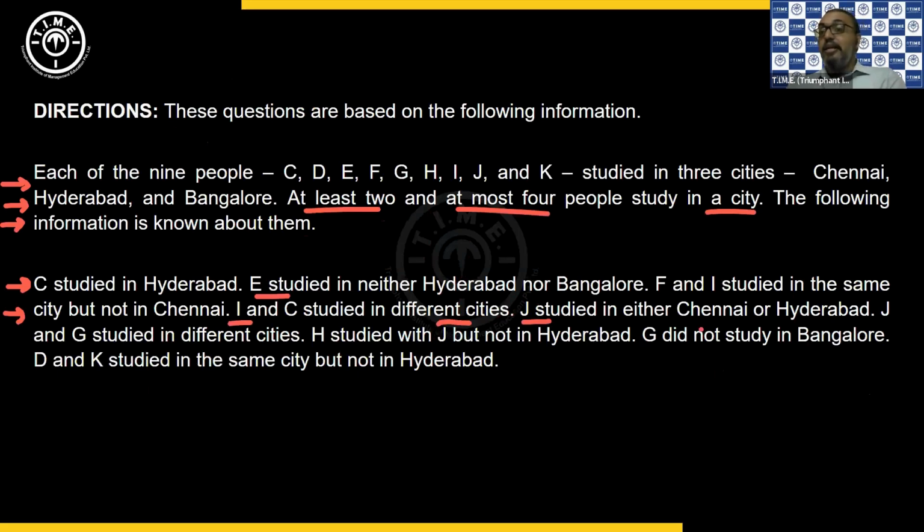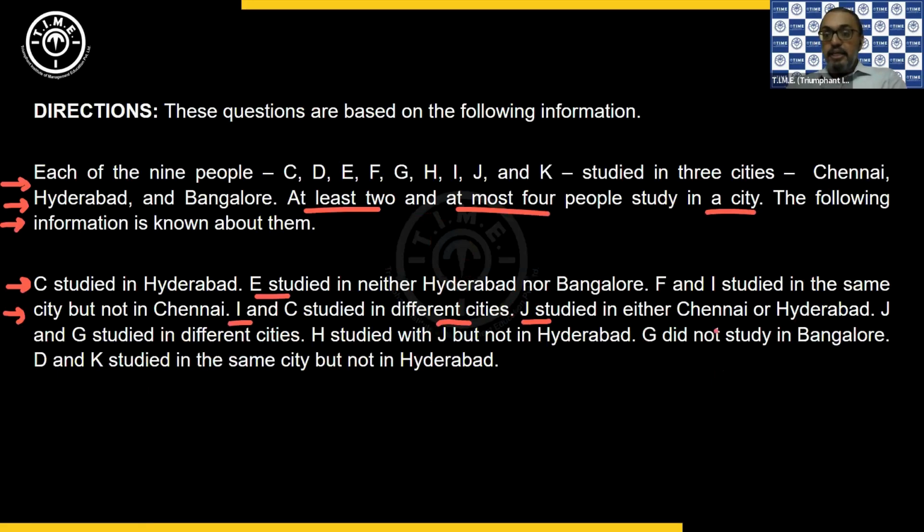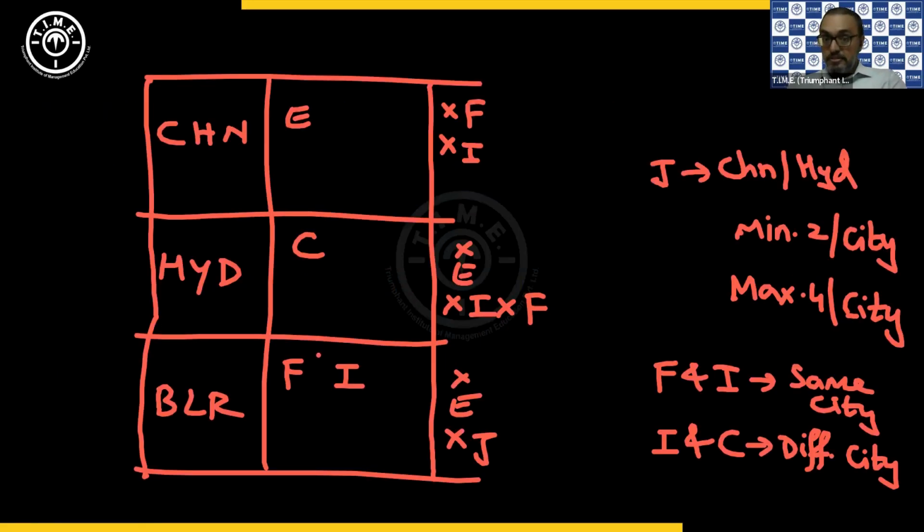Then J studied in either Chennai or Hyderabad. So I can definitely remove J from Bangalore. So we have J is from either Chennai or Hyderabad. Okay, we'll come to that. Then J and G studied in different cities. Okay, so we have J and G, different cities.